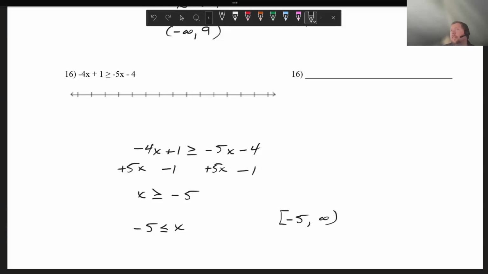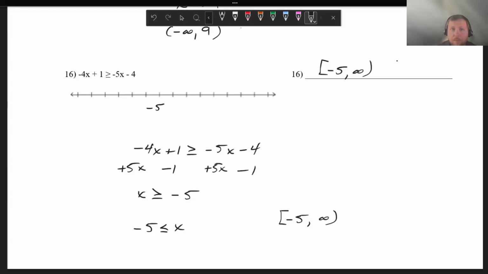You can always drop in hypothetical values of x and check and see if it's true or not. That can help you get your head around these. So I have -5 to positive infinity, and we're inclusive on the -5, never inclusive on the infinity. Here, I'm not going to label everything.